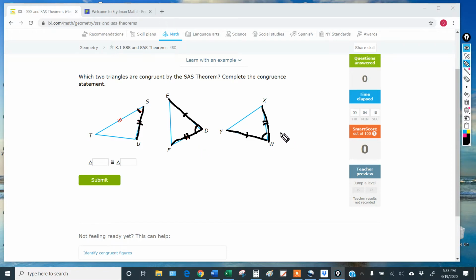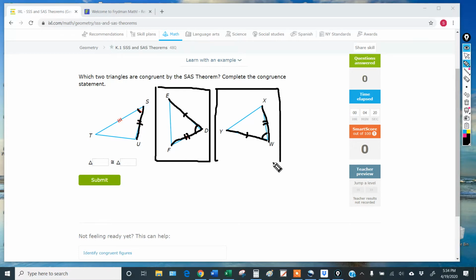So I can see that for this triangle over here, and for this triangle over here, these two triangles must be congruent. How do I know that? I know that because this side is the same as this one, and this side is the same as this one, and this angle is the same as this one.